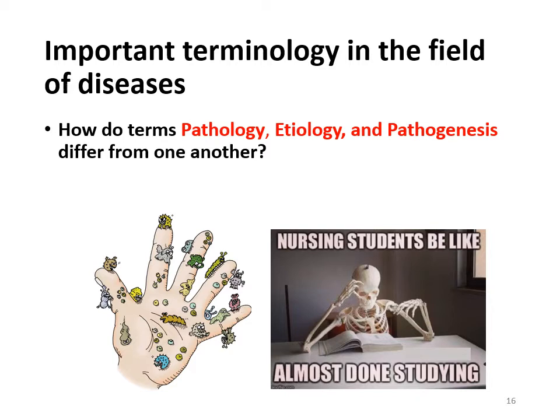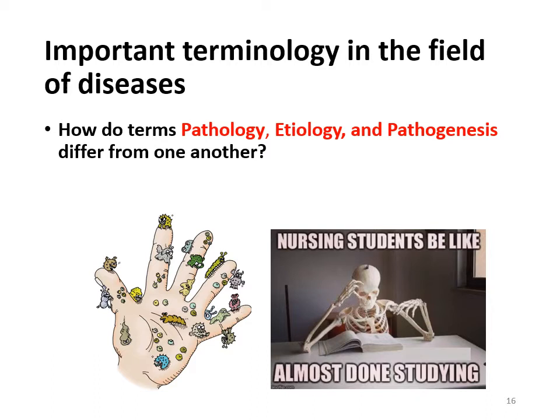The first one is pathology, and as you can see from the beginning of the word, patho, this one is dealing with pathogens. Specifically, pathology means the study of disease. The second word here, etiology, now we're looking at the cause of a disease. So for instance, trying to identify the exact bacteria that causes a particular infection.